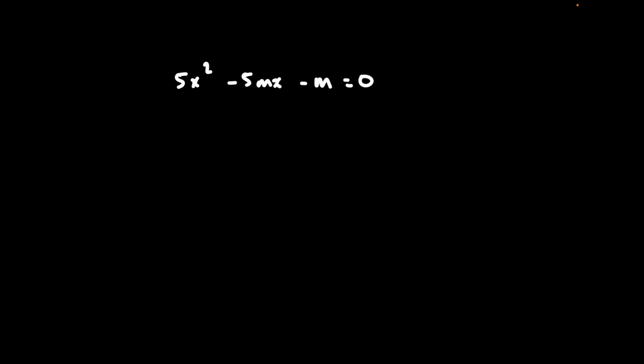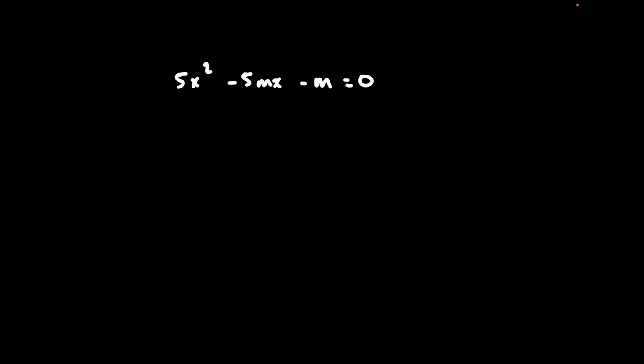Next question. This time, we're going to use the discriminant to work out values of an unknown. We have the equation 5x squared minus 5mx minus m equals 0.